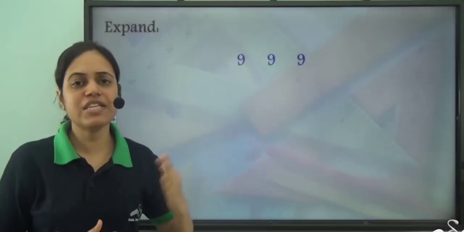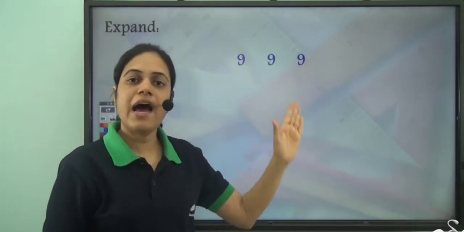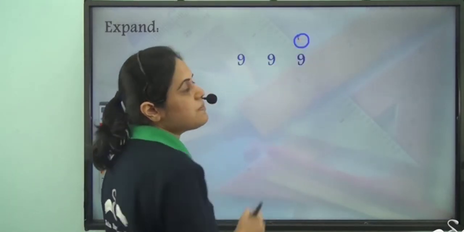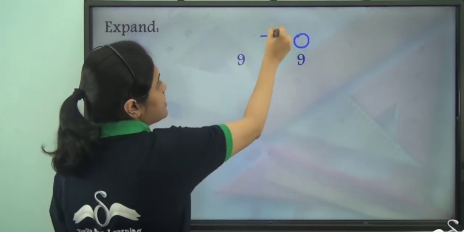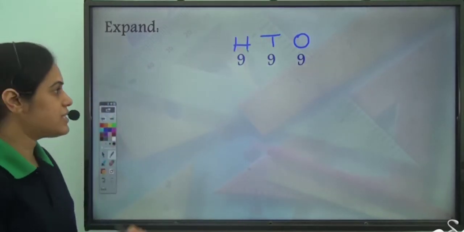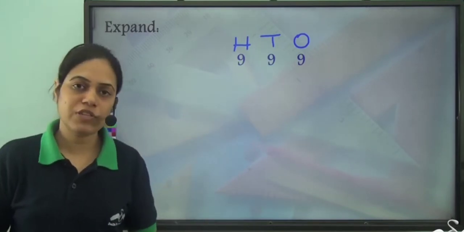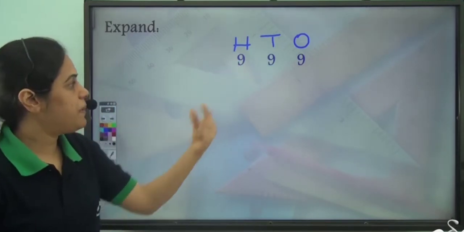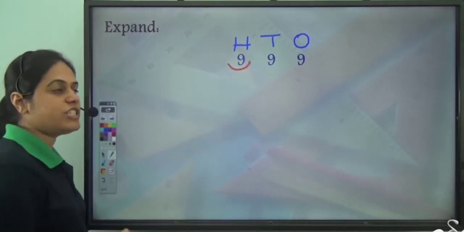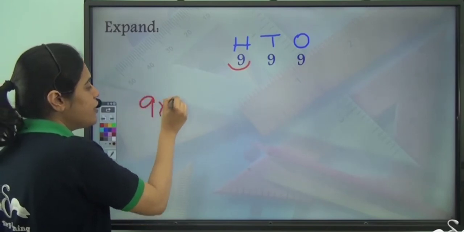So now let us expand this number. I have 999. So this 9 is in the ones place, this 9 is in the tens place, and this 9 is in the hundreds place. So now let us write the place values of these numbers. The place value of this 9, it is in the hundreds place, so the place value will be 9 into 100.